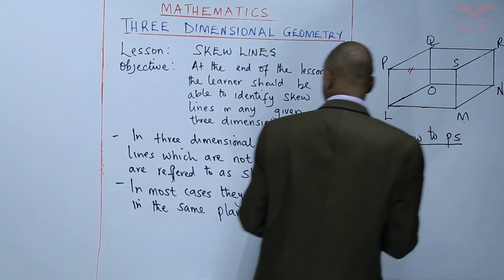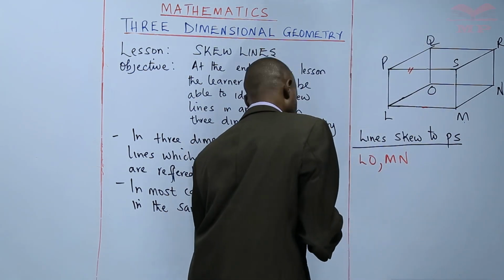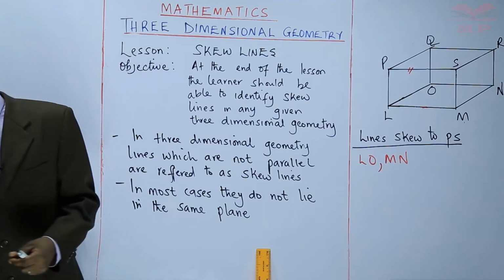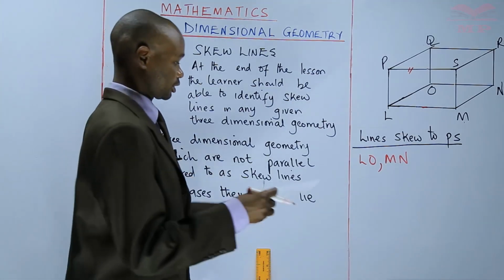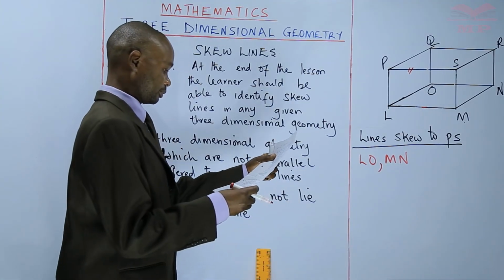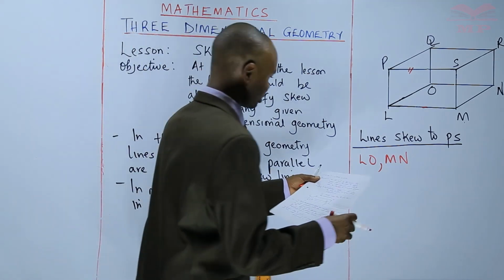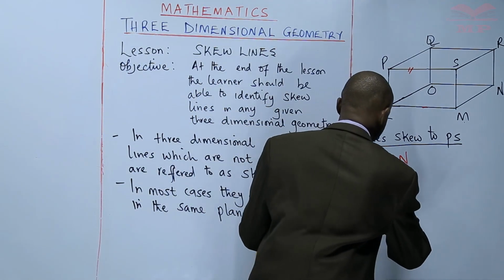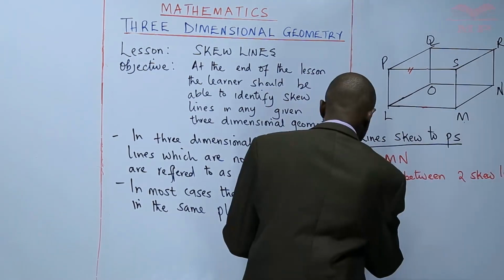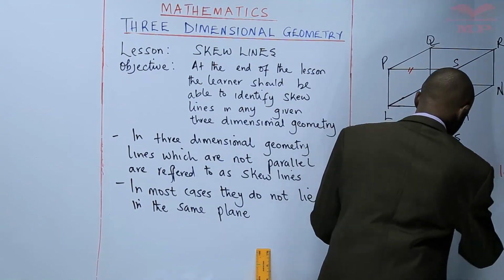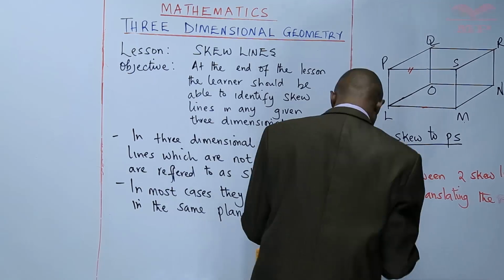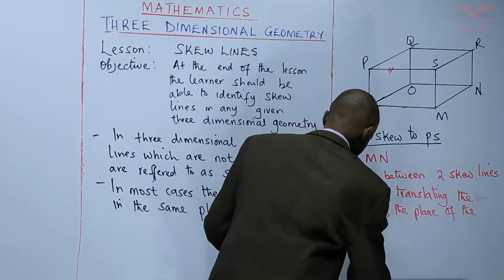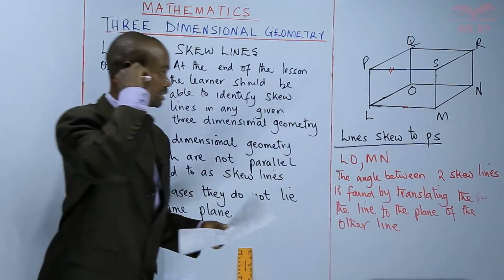Before you go to the midpoint, you should exhaust the points there. So that's a typical example.